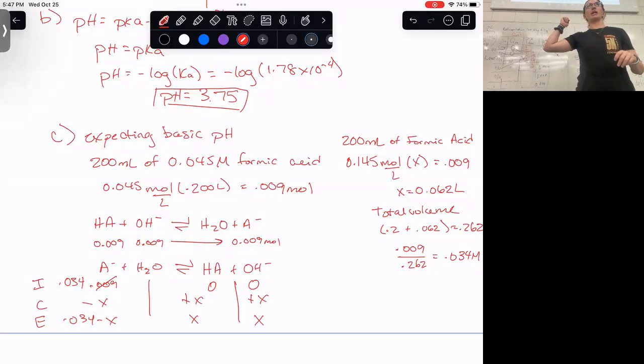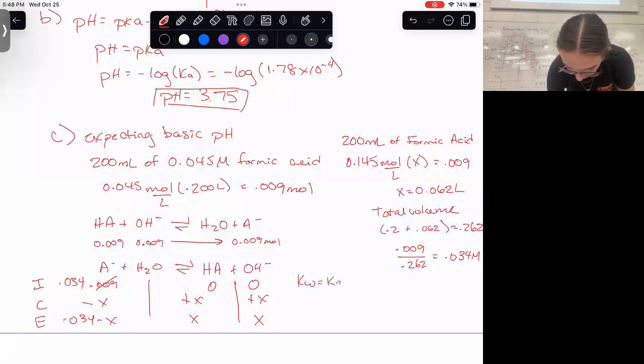Are we given pH or pOH? We can easily solve for pOH. So if we're solving for pOH, what K do we need? We need Kb. Do we have Kb? No. Can we solve for Kb? Yes. We can say that Kw is equal to Ka times Kb.